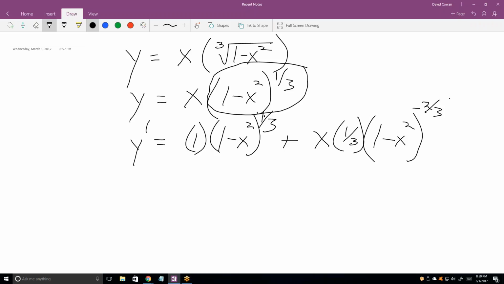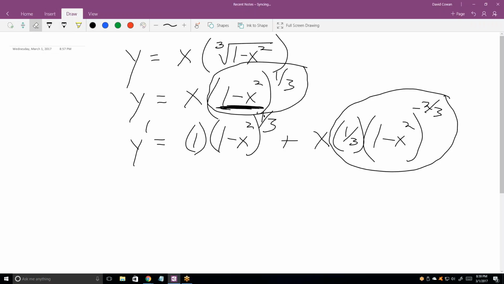All you really did by doing that was take the derivative of the outside. Now multiply it by the derivative of the inside. Well, this is clearly the inside. What's the derivative of that? Negative 2x.